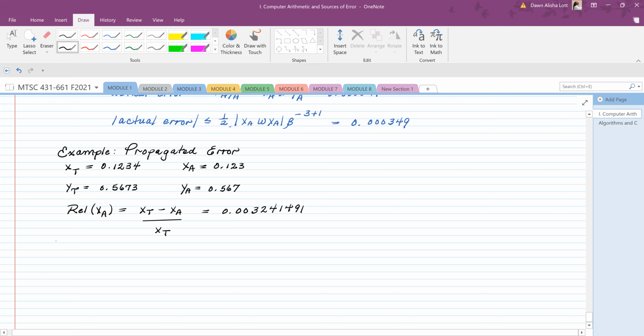Then our relative error in Y approximate is going to be Y true minus Y approximate over Y true.